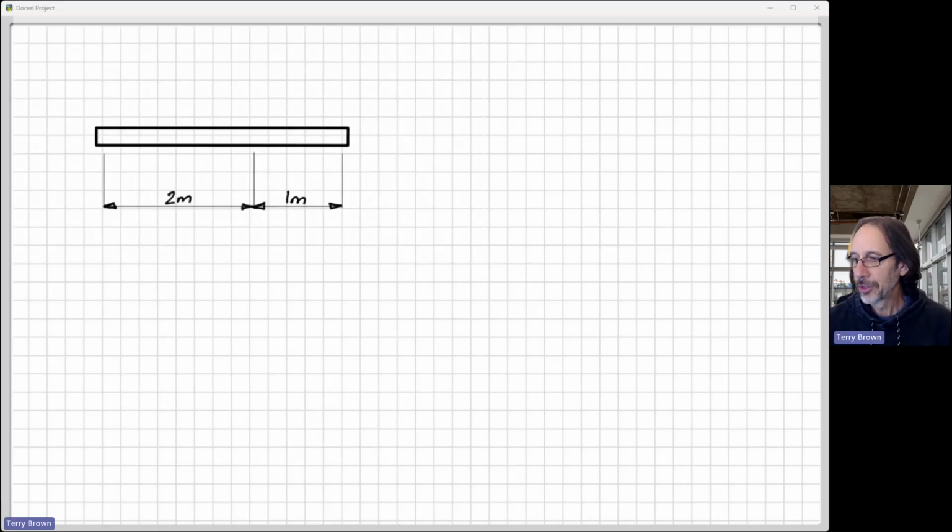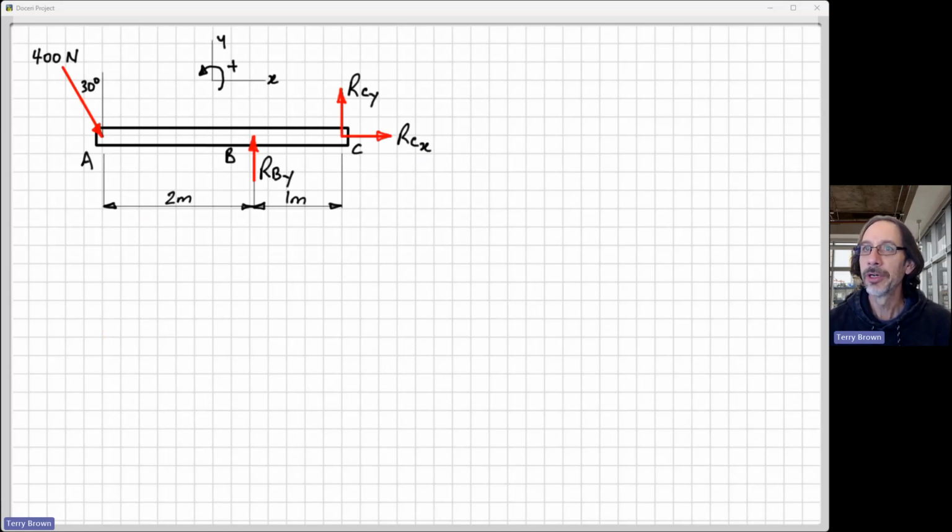All right, so I've just gone on to the next page and repeated my free body diagram for reference, so you don't have to redraw your free body diagram. And now I've put on my coordinate system to clearly show what I mean by X and Y. I've also put on here what I'm going to assume as positive for the moments.